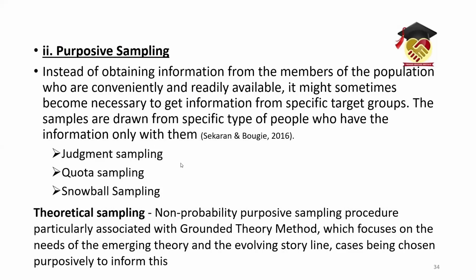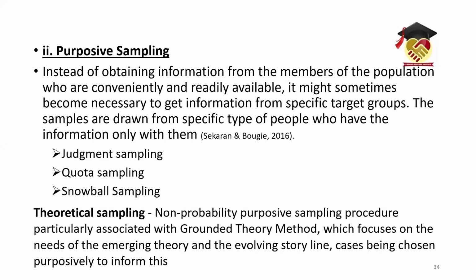Judgmental sampling means you judge that you need the information only from this group. For example, you want to do a research about lady leaders. So now you have to get the information only from the lady leaders. Now you judge that she's a lady leader, she's a leader, she's not a leader.